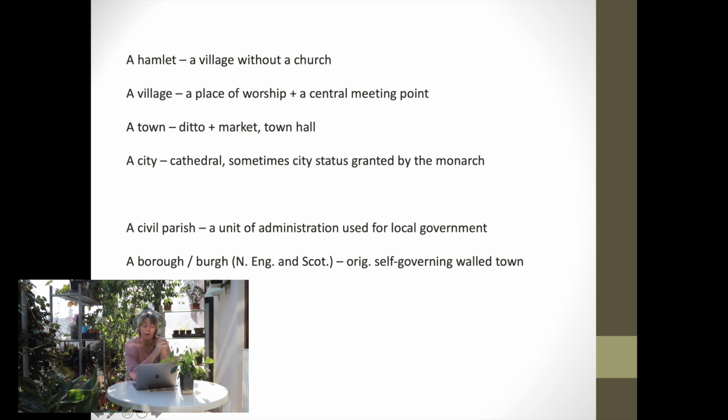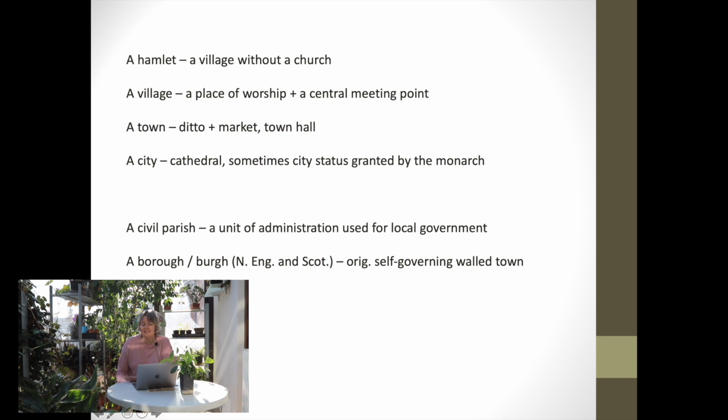a central meeting point. To qualify as a town, they need all that, so ditto, the place of worship and a central meeting point, plus a market. So the word town was usually meant to denote a market town, a place large enough to hold a regular market, and a town hall, so some sort of self-governing body and their meeting place.